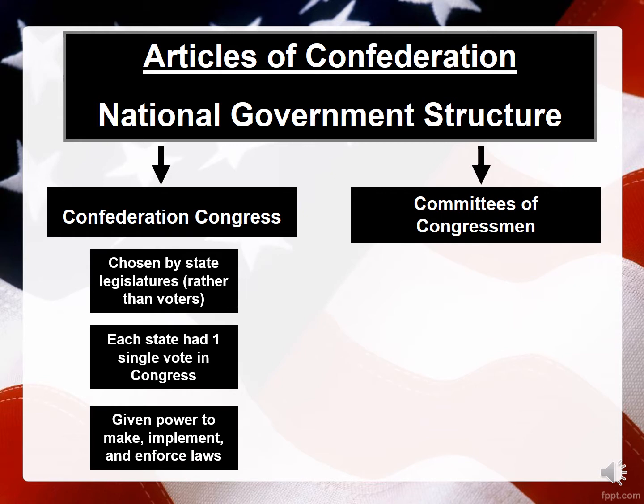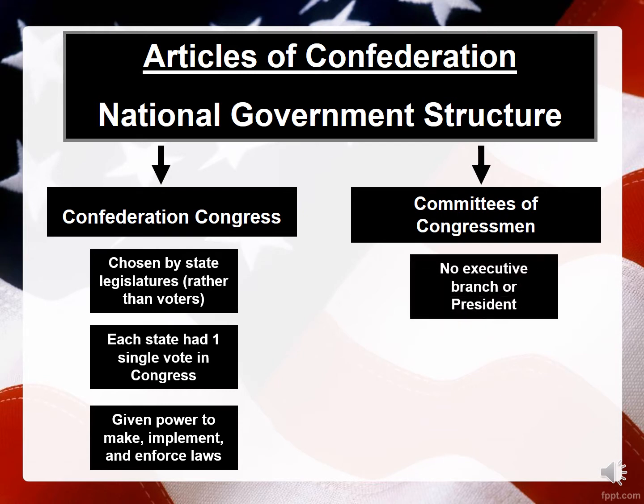Now, the Confederation Congress was given power to make, implement, and enforce laws, but what we're going to see is there was one significant component that they were not given the power to do that absolutely hindered their ability to implement and enforce laws, and we'll talk about that. But the committees of congressmen: one thing that was not created under the Articles of Confederation was an executive branch or a president.